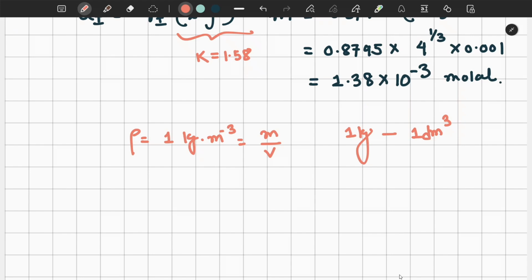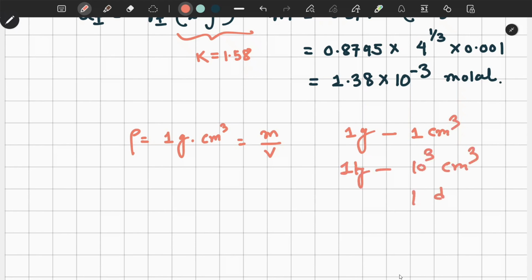Density of water is 1 gram per cc. 1 gram per cc means 1 gram is 1 centimeter cube, so if it is 1 kg, it is 10 to the power 3 centimeter cube.